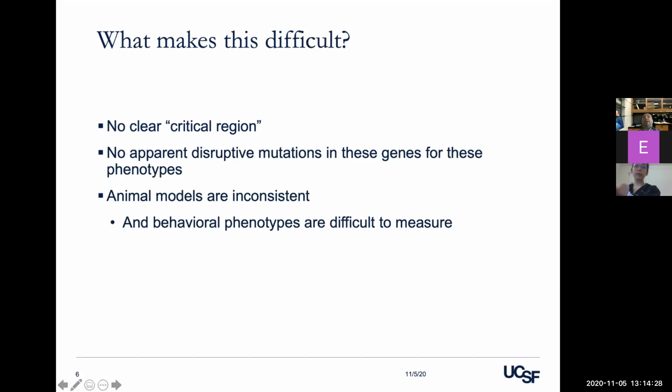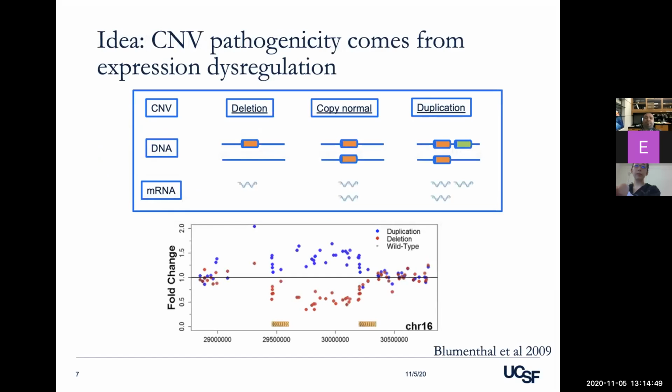And at the same time, some of these brain-related traits are difficult to measure. So, for example, if we want to diagnose schizophrenia in a human, one of the hallmarks would be hallucinations. But in mice, that's just not a trait that we would be able to measure.